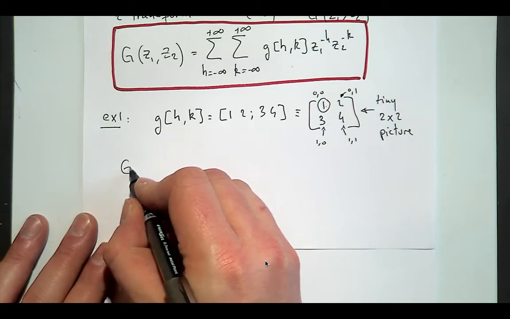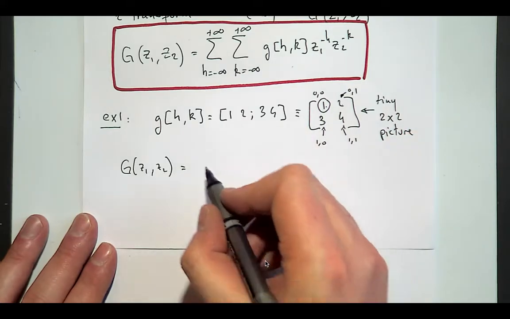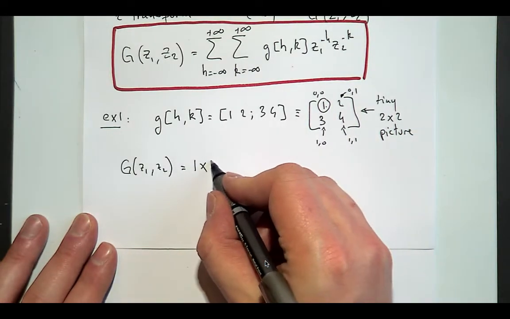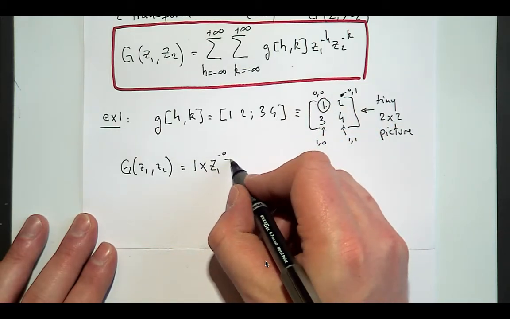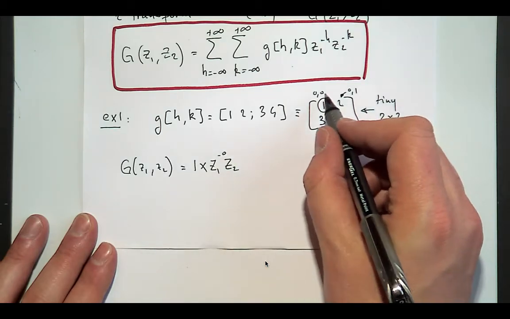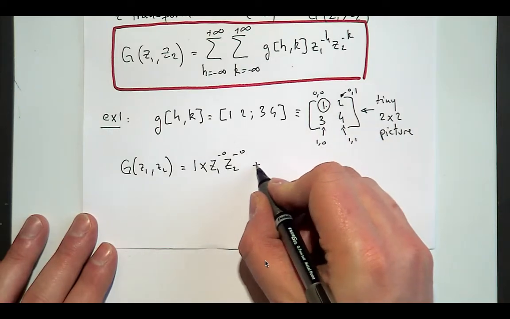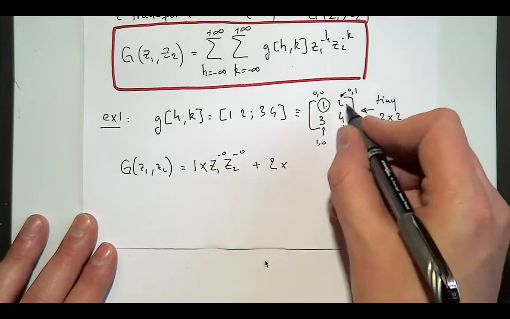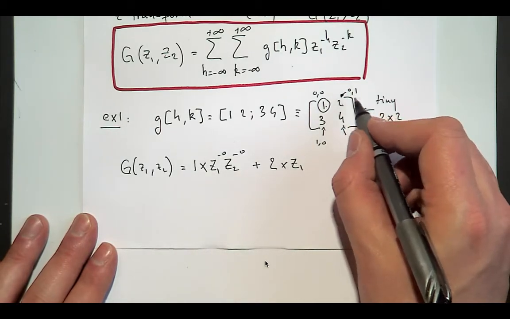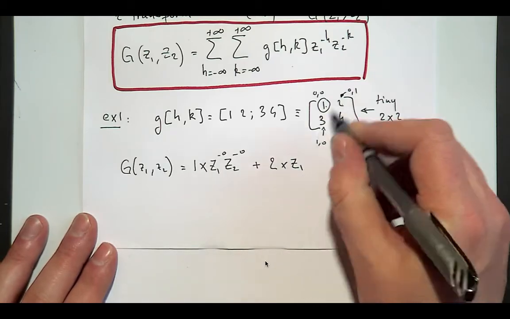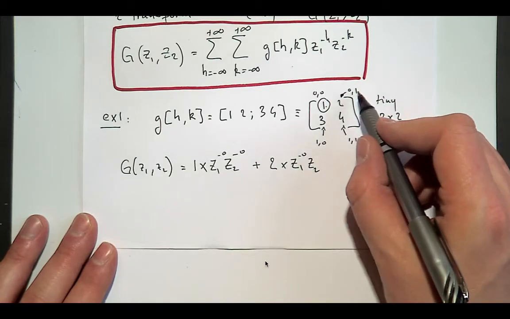So let's start with this one. You have 1 times z1 to the power of minus the coordinate, that's minus 0, and times z2 to the power of minus the coordinate, that's 0. Then I move on to this one. It's plus 2 times, and let's look at the coordinates. So for z1, the first coordinate, the y, is still 0. And then you have the second coordinate, which is 1.